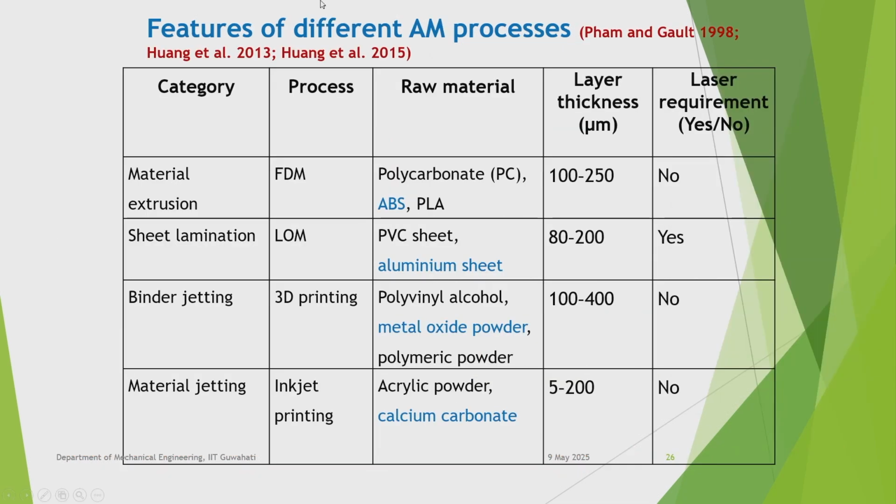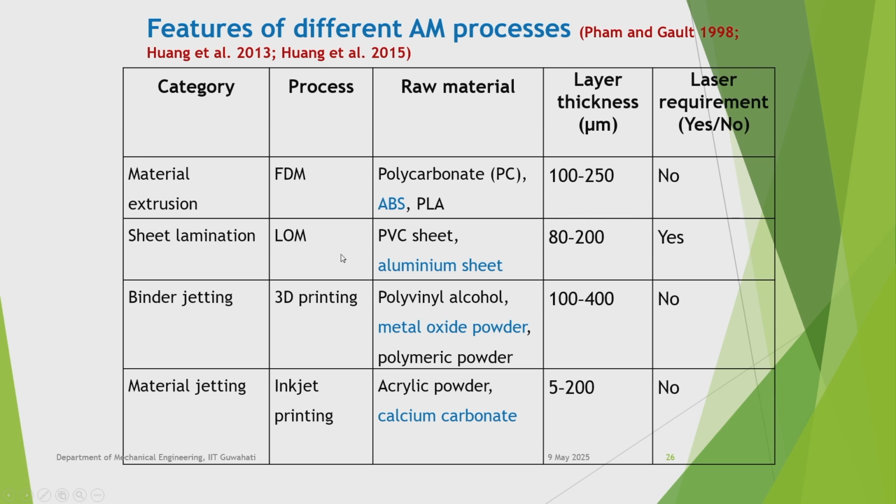Now, if we just look at the features of different AM processes, in the material extrusion process, FDM, raw material can be polycarbonate, ABS and PLA, layer thickness is 100 to 250 micrometer and there is no requirement of laser.